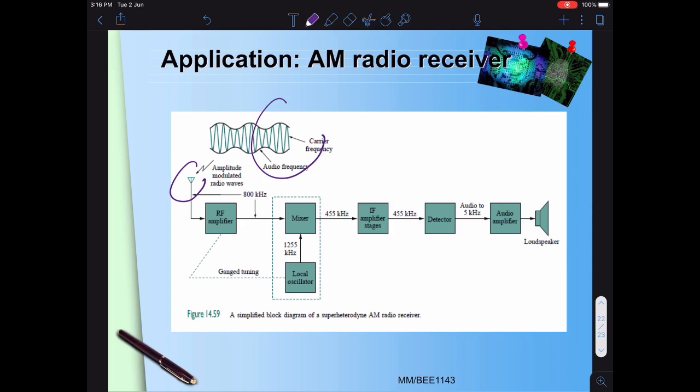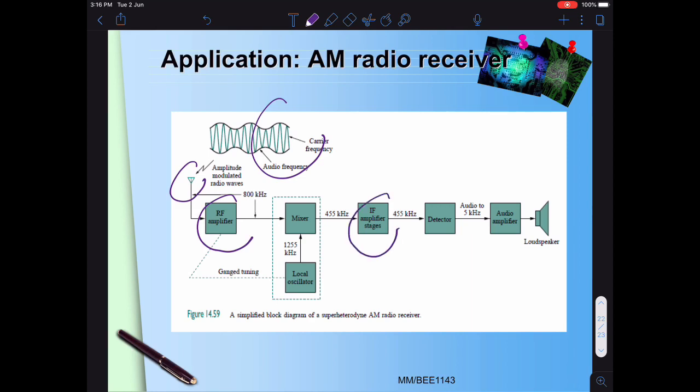The selected signal is weak and is amplified in stages in order to generate the audible audio frequency wave. Thus, we have the radio frequency amplifier to amplify the selected broadcast signals, and the intermediate frequency or IF amplifier to amplify an internally generated signal based on the RF signals.